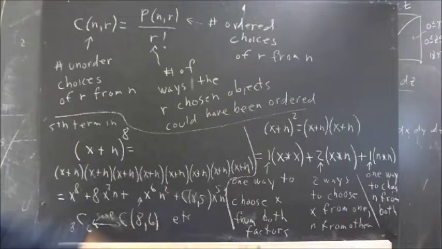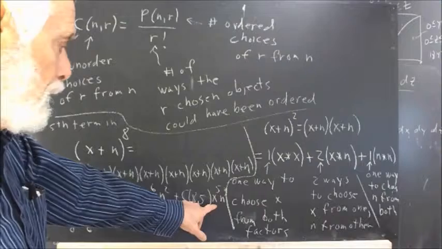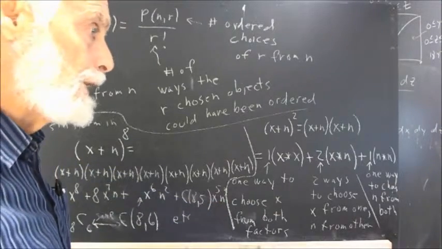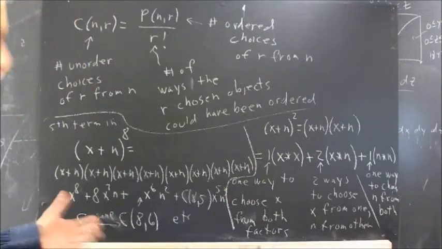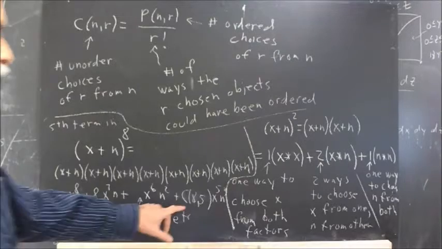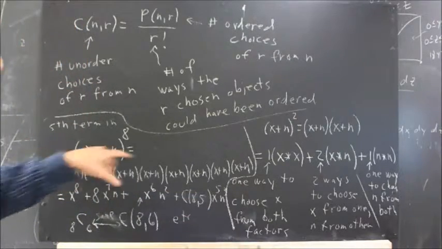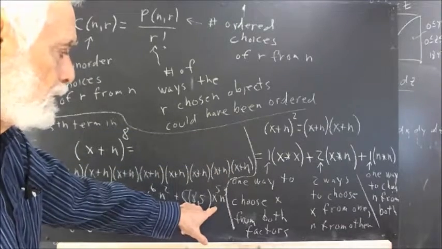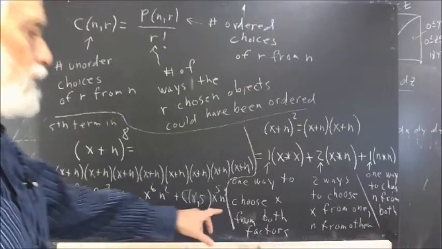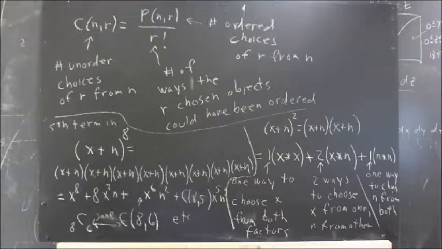The next thing we could get is x to the 5th times n cubed, and by similar reasoning there are C(8,5) ways to choose the 5 binomials from which you choose the 5 x's, and then choose the n's from the others.